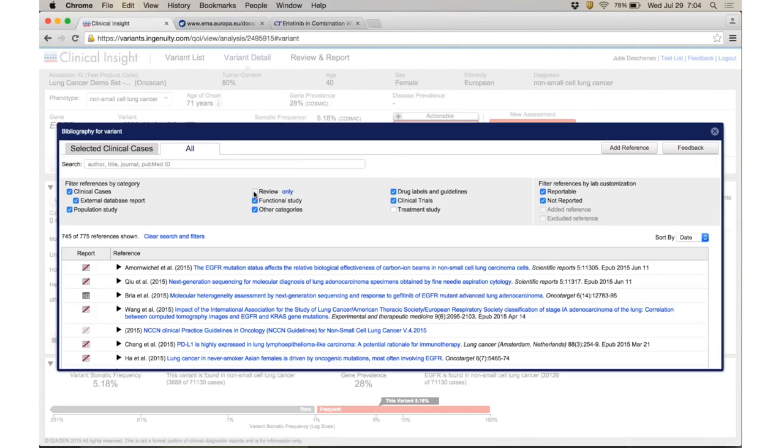So you could decide to filter the bibliography that you are interested in. Of course, this is less interesting for something like EGFR, where there is already well-known treatment. But when you get into those variants that are emerging, then you can really go deeper into the literature search.